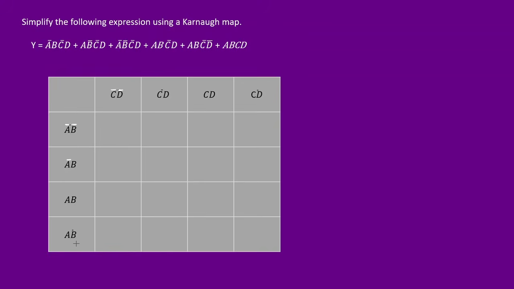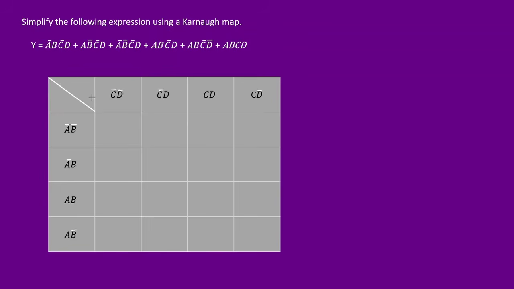How are we able to tell? The domain of this expression, which is the set of all Boolean variables involved, includes A, B, C, and D. And each term has each of those or their complements. So we have not A, B, not C, D here, A, B, not C, D here. So that means we're pretty good.